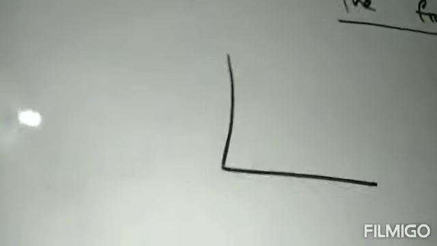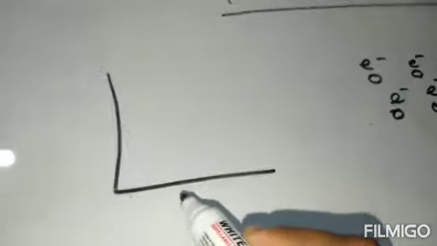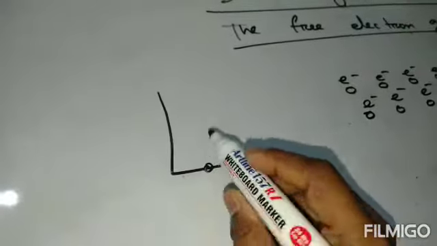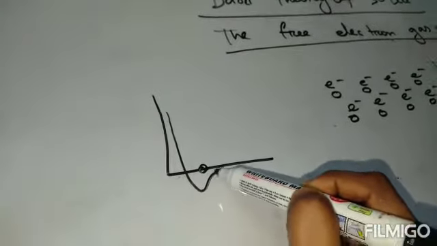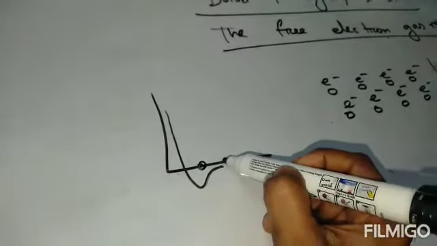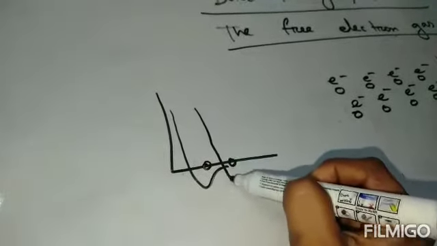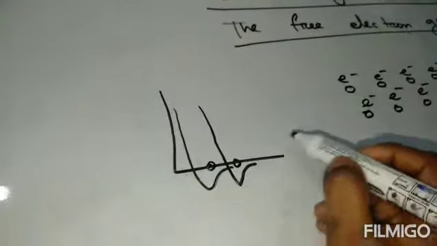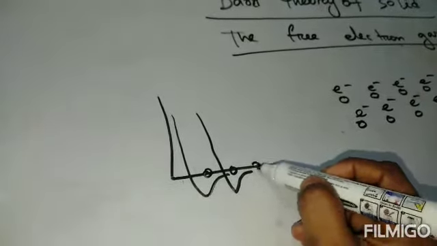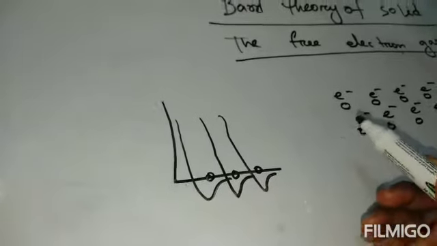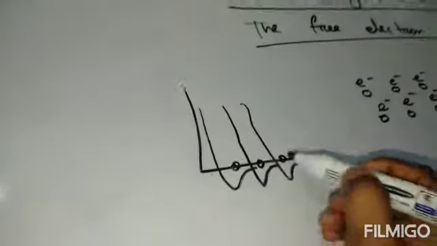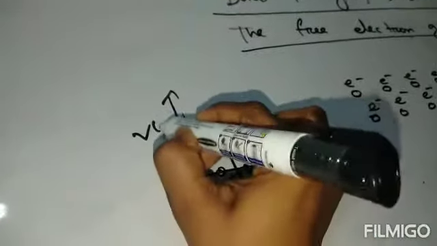Now if we draw a curve like this, if you consider here an atom, the potential is like this. If you consider another atom, the potential is like this. In a crystal there are lots of atoms, so the potential will be like this. This is x and this is V(x).